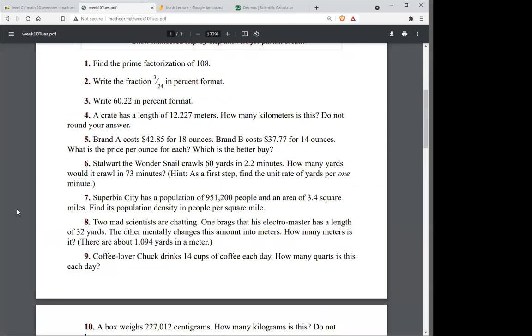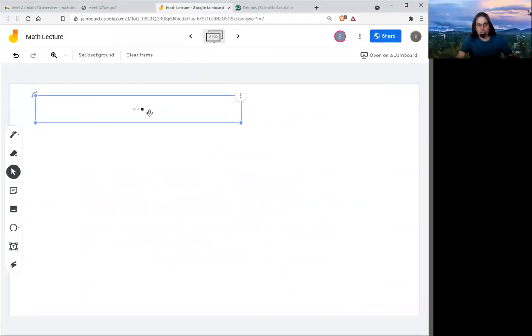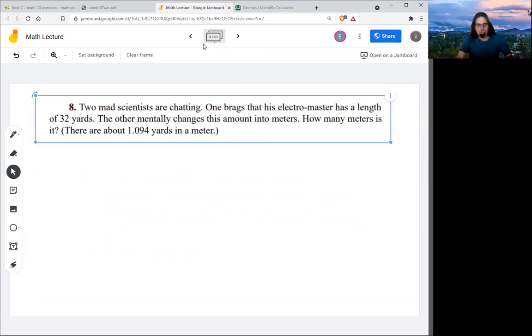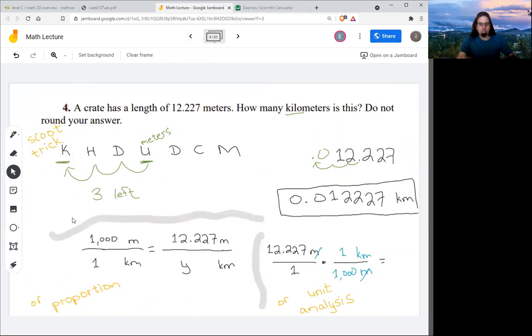Okay, number 8. Number 8 is different than the one we did earlier with the decimal point scoops. This one stayed in the metric system, the SI system. It was only putting a prefix on meters, or changing the prefix on meters could work also.